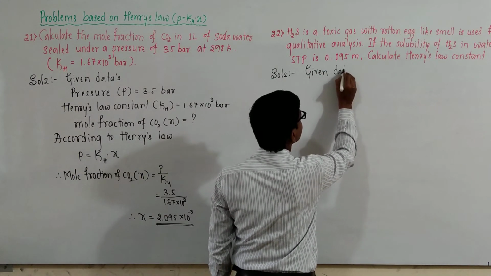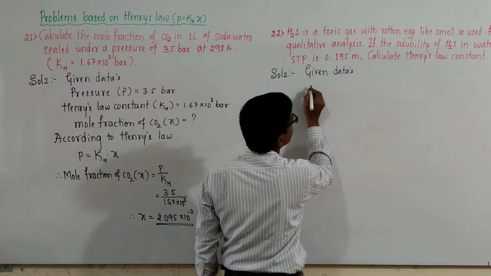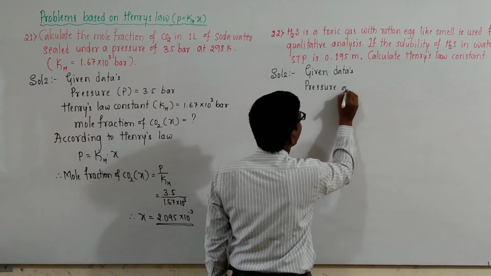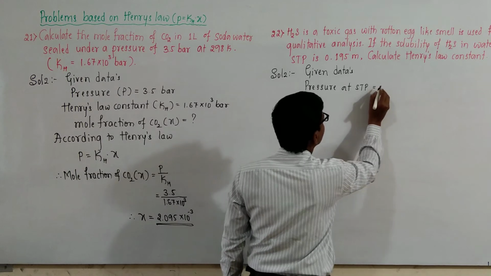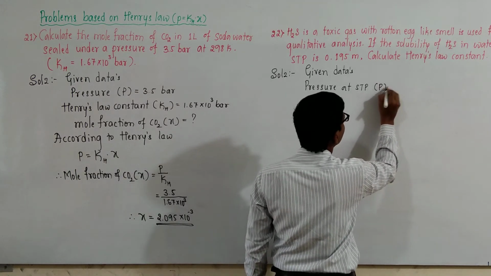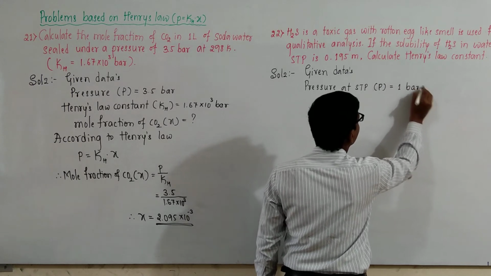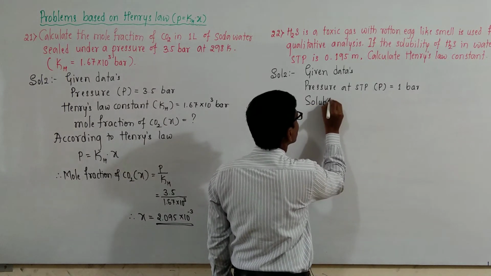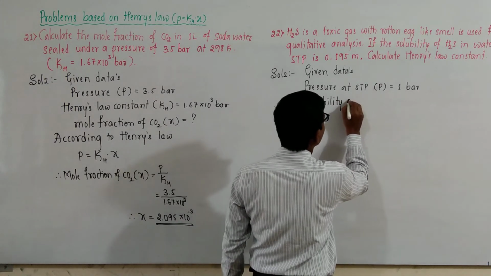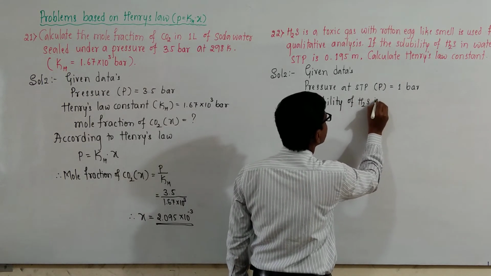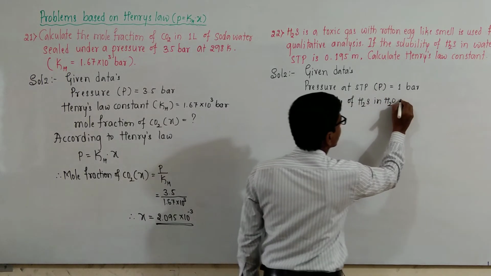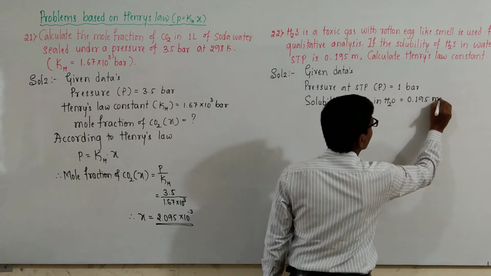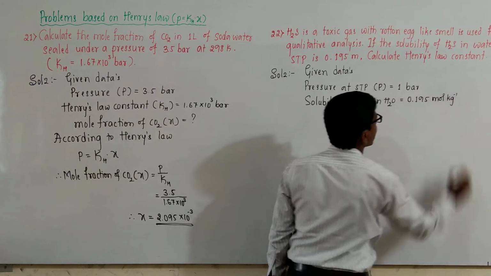The given data: pressure at STP, P is equal to 1 bar. STP pressure is 1 bar. Then the solubility of H2S in water is equal to 0.195 mole per kg.